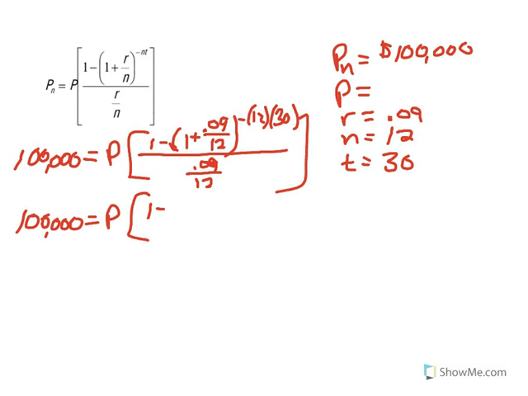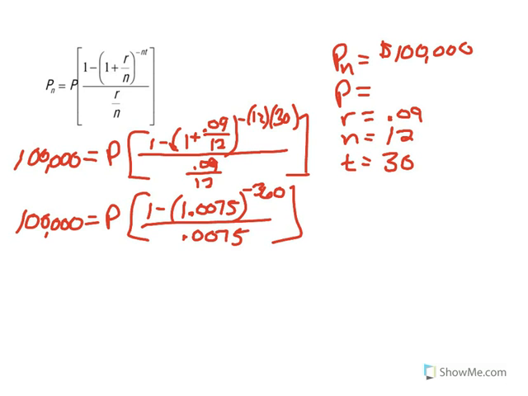If you add 1 to that, you get 1.0075. Not using a calculator, 12 times 30 is 360. That's a negative 360. And then once again, 0.09 divided by 12 is 0.0075. Our goal is to get P by itself.